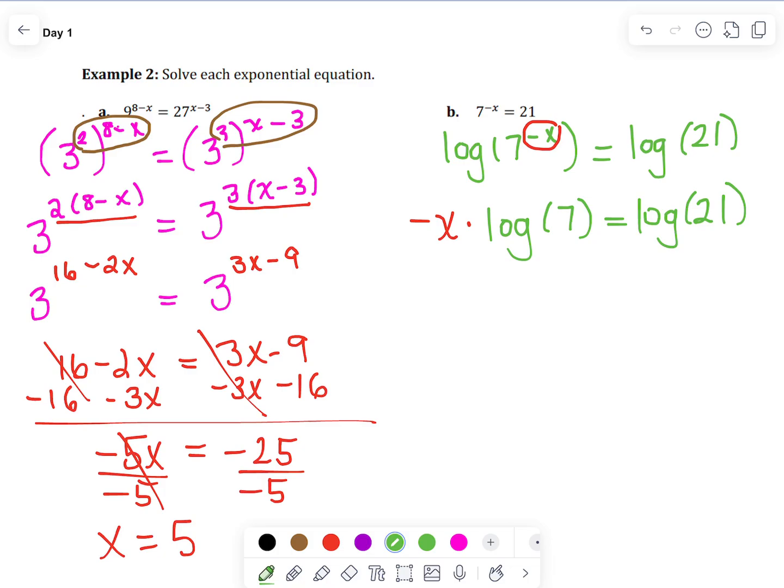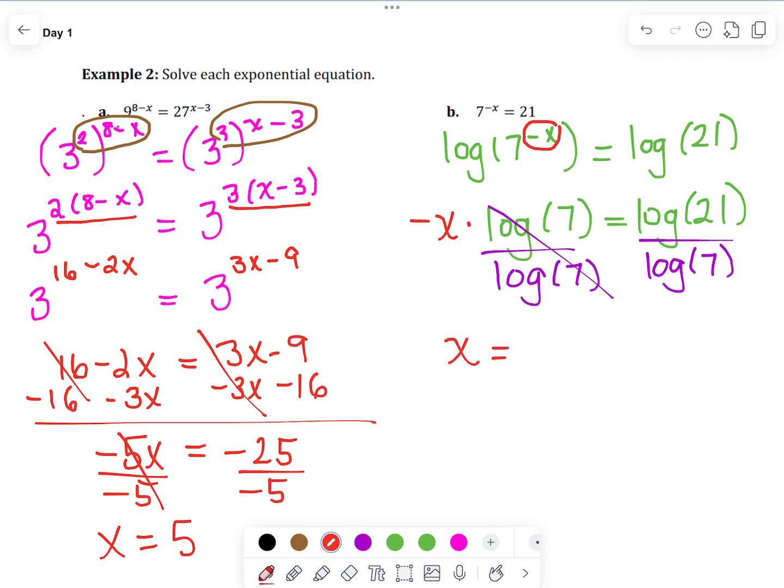Now we can go ahead and solve for x. So we're going to divide both sides by log of 7. So that's going to cancel out the log of 7's on the left. Then we want to get rid of that negative 1 on the left side.